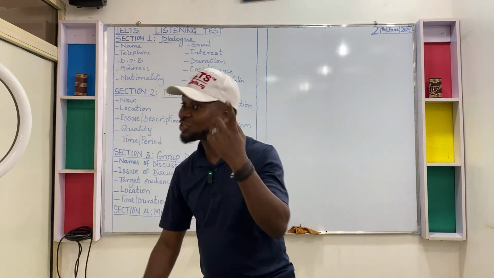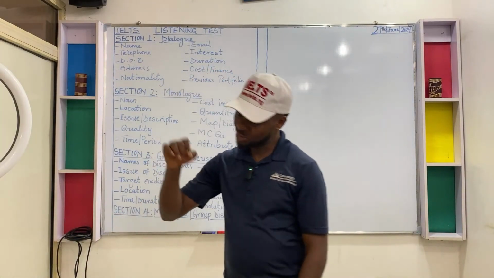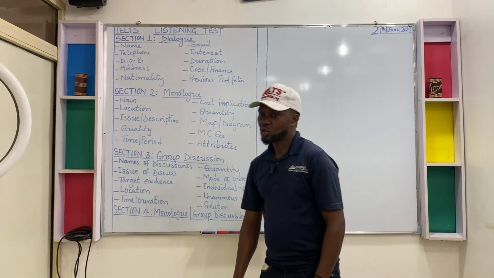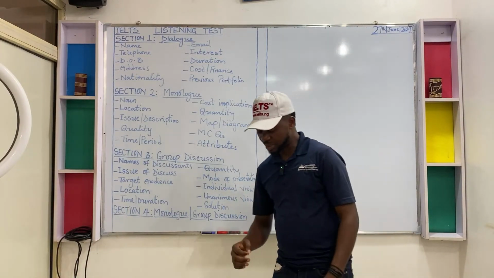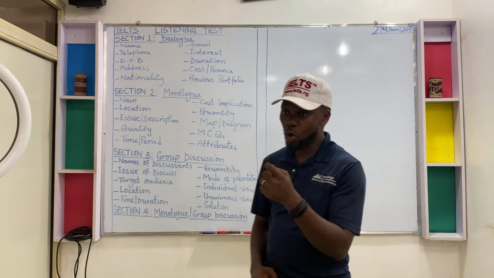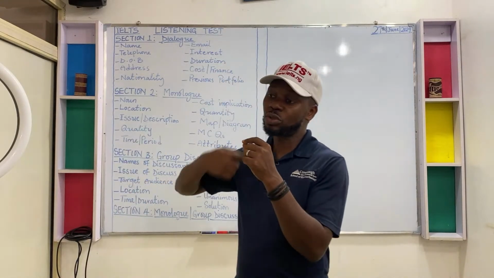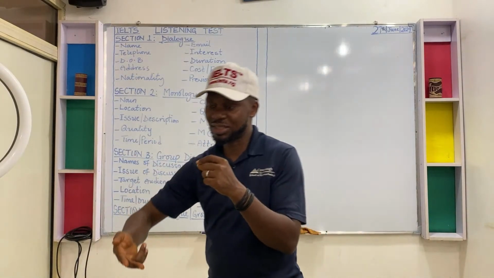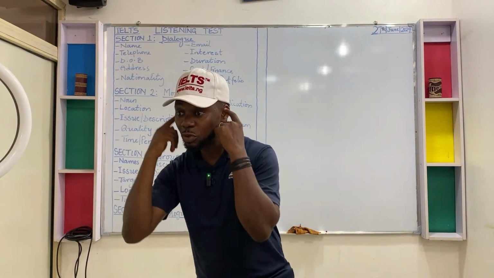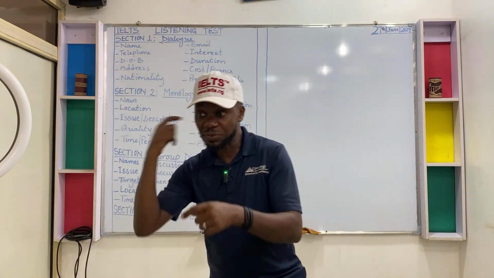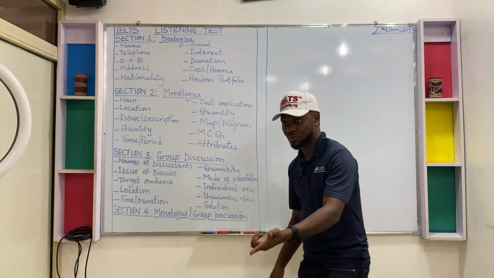Don't wait for the spelling to end before you write. Write as the spelling is going on. Once the spelling is completed, the receiver of the call would emphasize or call that name twice or thrice. The reason for that is for you to look at what you spelled and know if it tallies with what is being pronounced. Right?